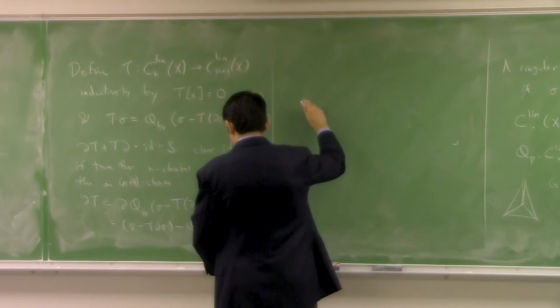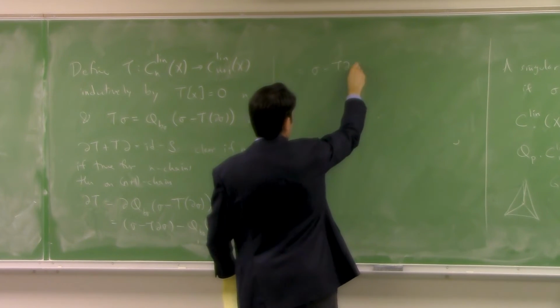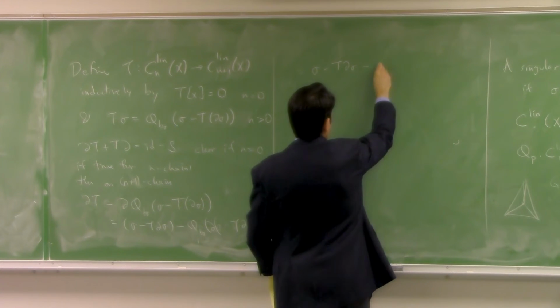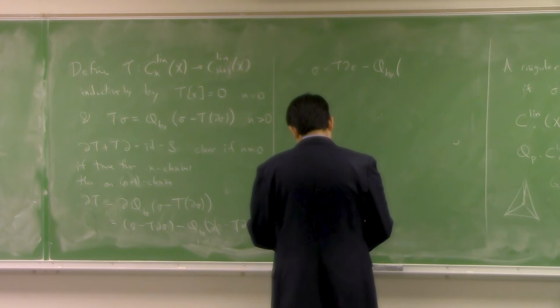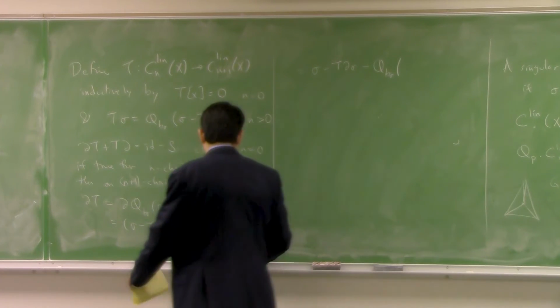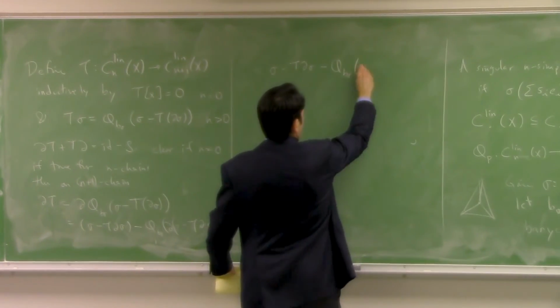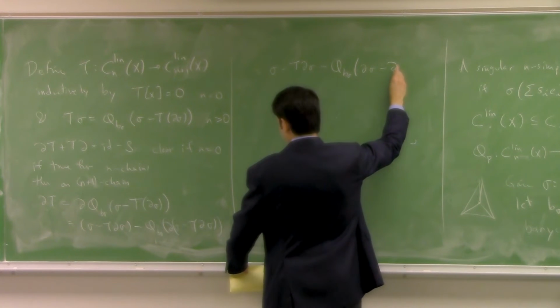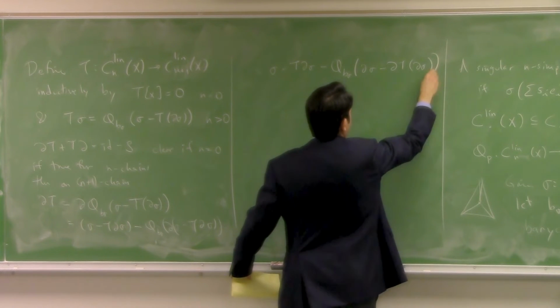Okay, so that's sigma minus T boundary sigma minus Q boundary sigma. I want to write this as, well, let's write out minus boundary T applied to boundary sigma.